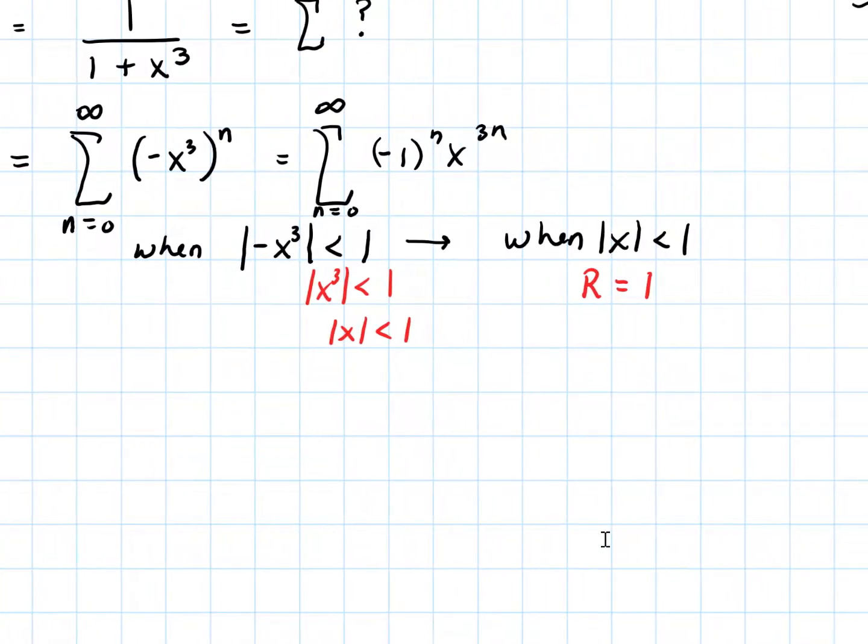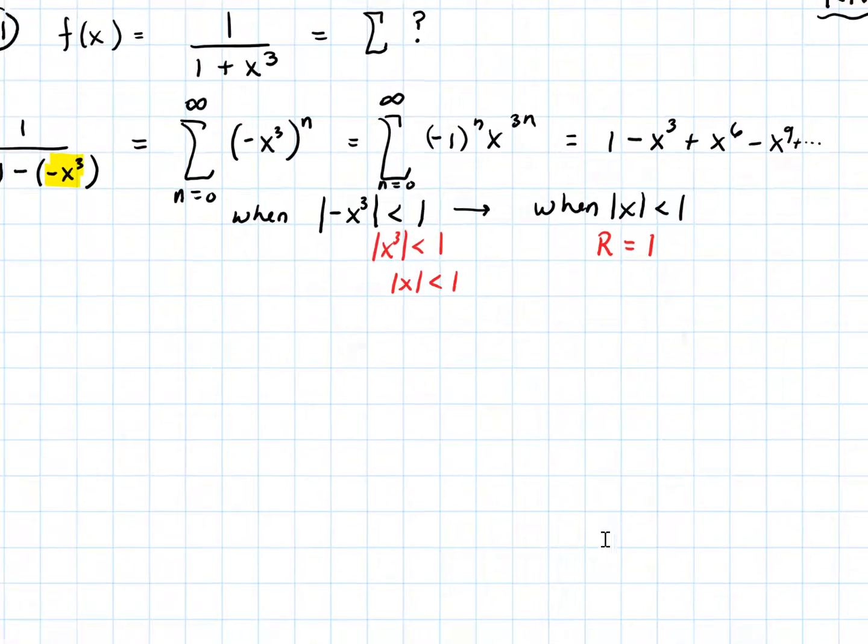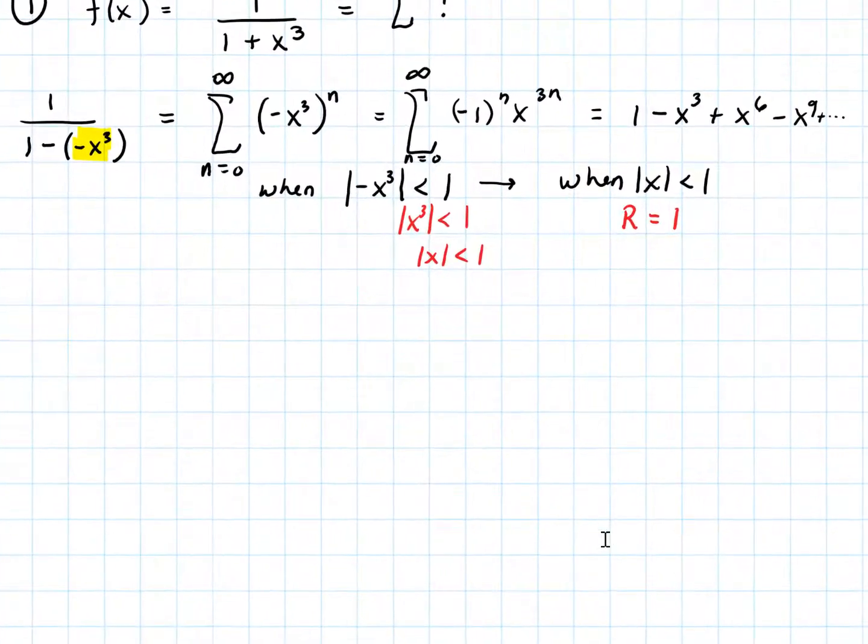If I wanted to see what the first few terms look like, I could just start plugging in values. This is going to be positive 1, then negative x cubed, positive x to the 6th, negative x to the 9th, and so forth. I have my power series expansion there.